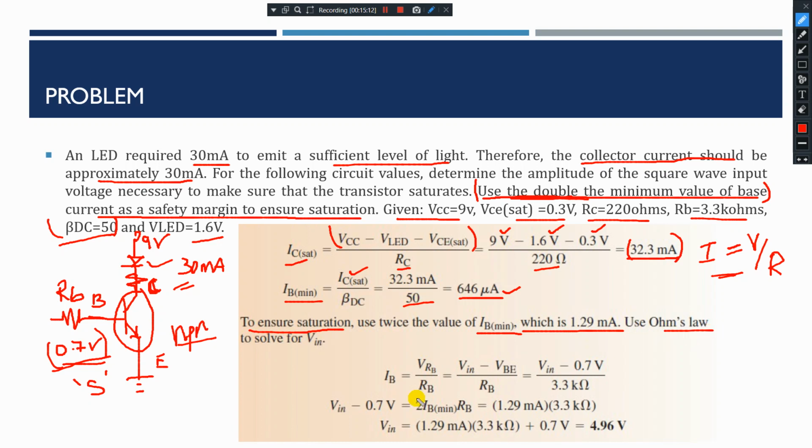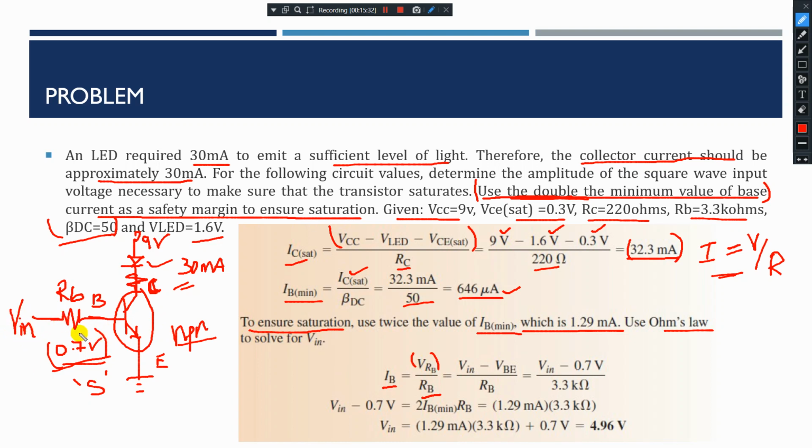Again, by using Ohm's law, IB is equal to the voltage across the base resistor VRB, divided by RB. What is VRB here? We can see in the diagram that I am sending an input voltage here.